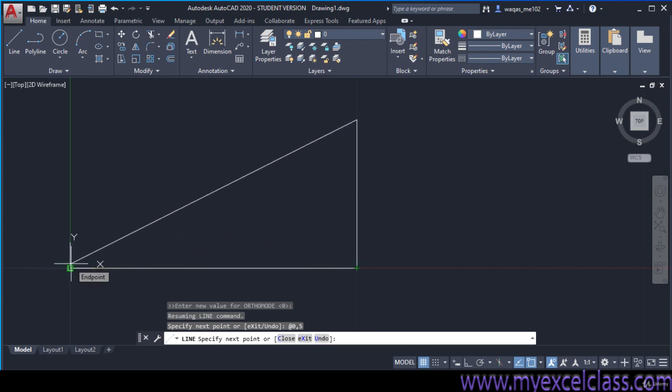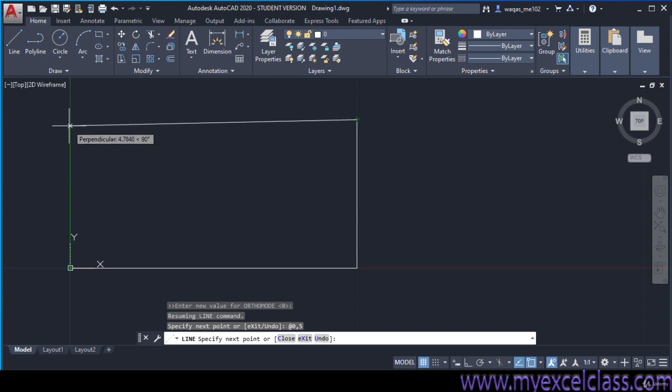So in the relative coordinate system, you will be writing the coordinate with respect to the most previous one, not the reference one. So what will be the next coordinate of this rectangle? This will depend on the previous one, and I want to move from this coordinate to the next coordinate.